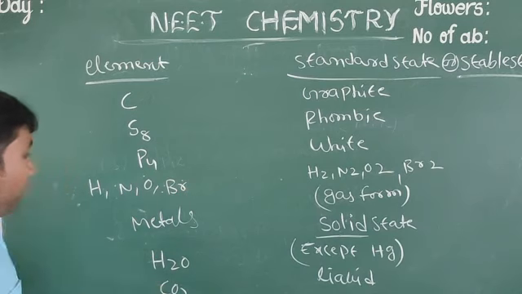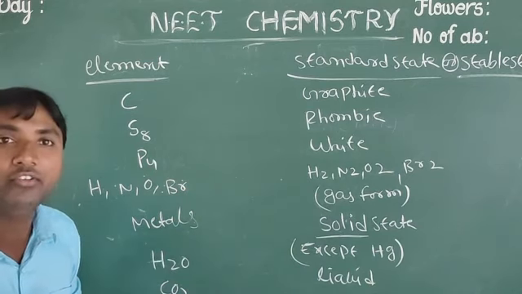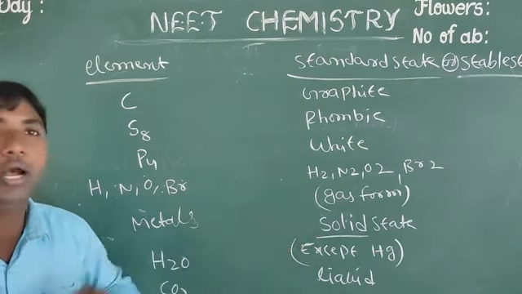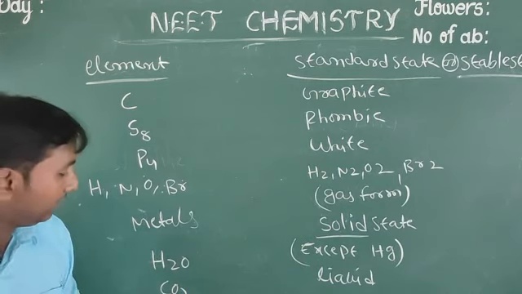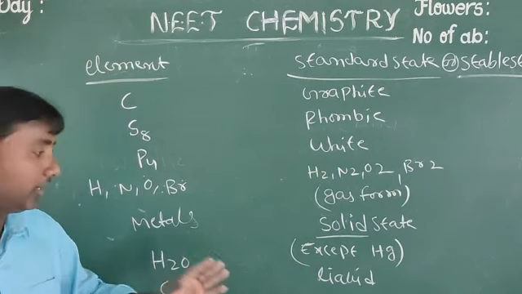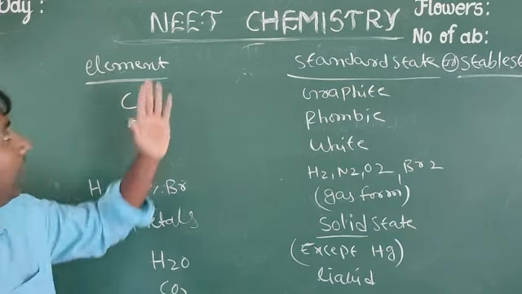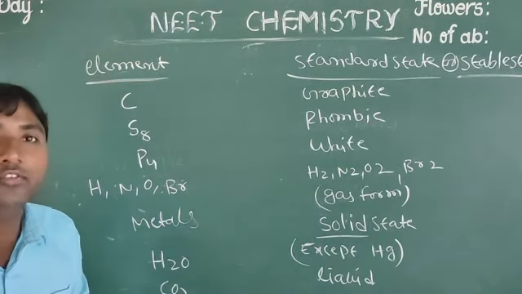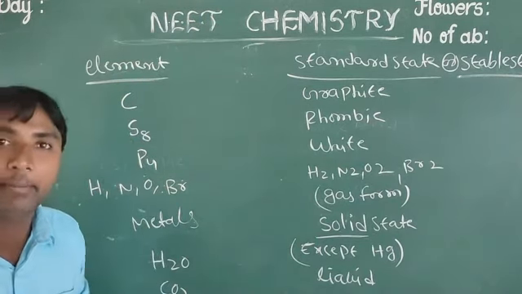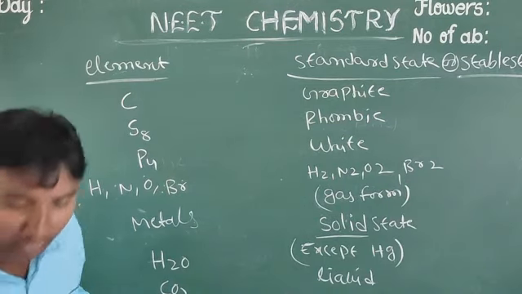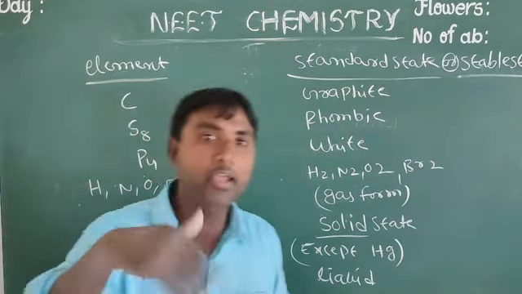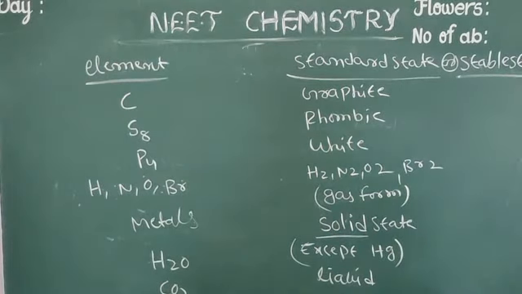Metals are stable in solid state except mercury. Water, liquid form. Carbon dioxide, vapor form. These standard and stable states you should remember. Next class we will discuss all the heats of reaction one by one.